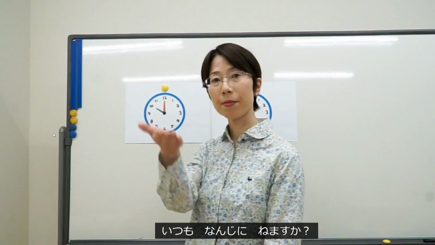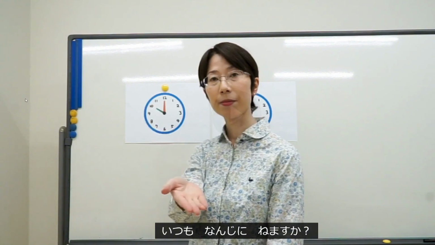Where's the ni going in here again? So the ni is going to follow the full time. You'll say the full time, including the hours. So, juji ni, and then the particle and then the verb. Juji ni nemasu.